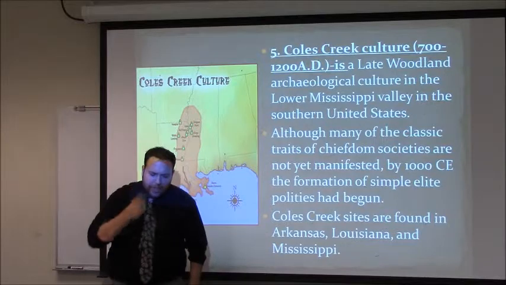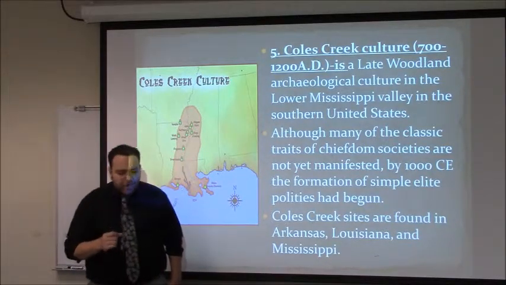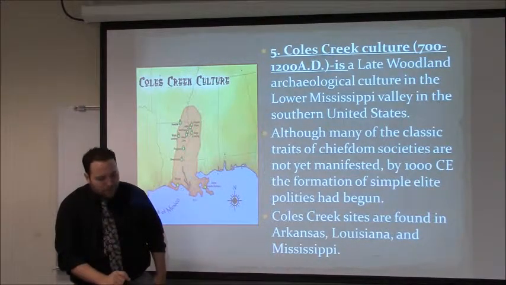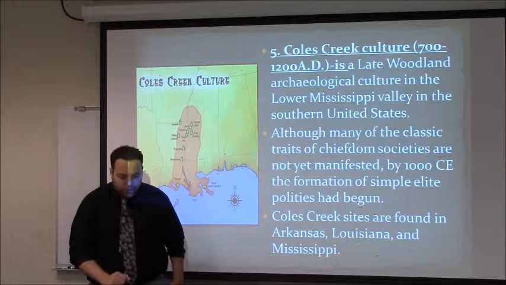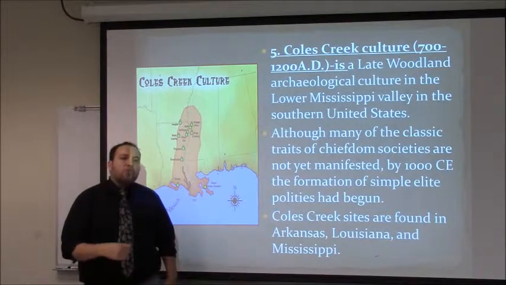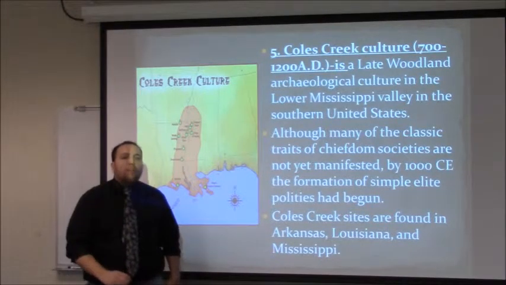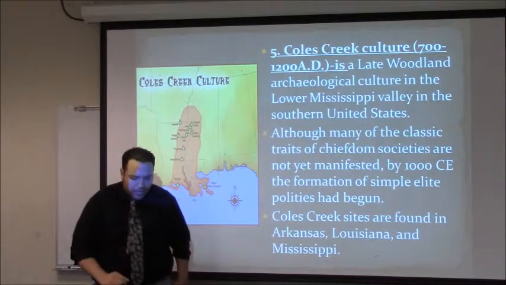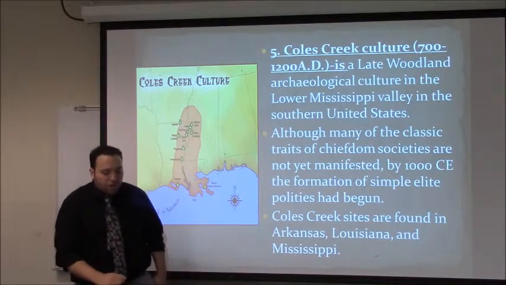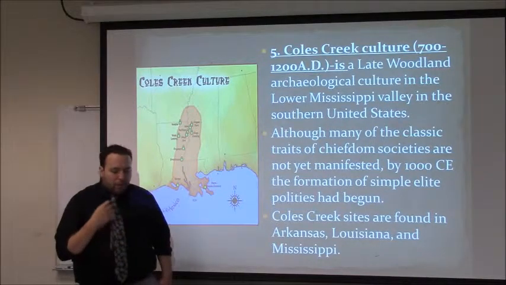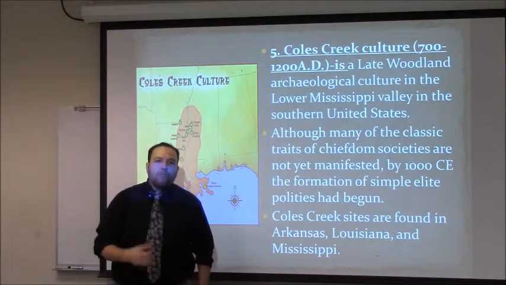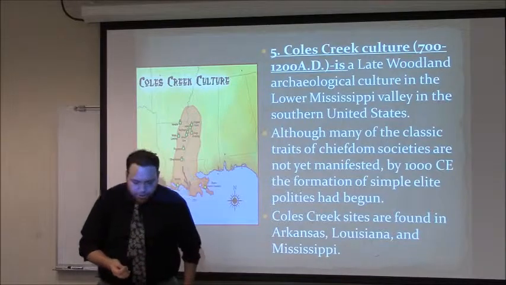So the Coles Creek is a late Woodland archaeological culture in the lower Mississippi. The period marks a significant change in the cultural history of the area. So during the Coles Creek era, population starts to increase. There is strong evidence of a growing cultural and political complexity, even more so than we see in the Hopewell tradition.